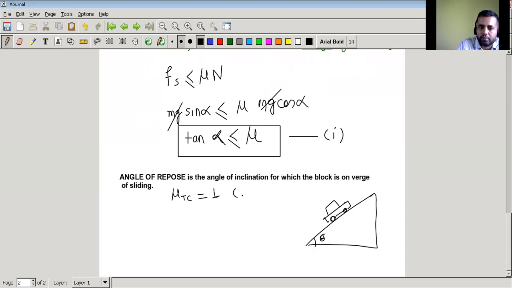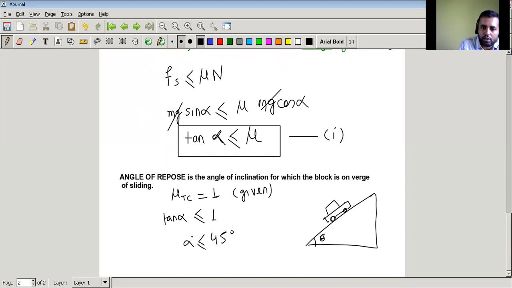Okay, this is given. T stands for tire and C stands for concrete. So if you put this value, then you will get tan alpha to be less than or equal to 1, and alpha should be less than or equal to 45 degrees.